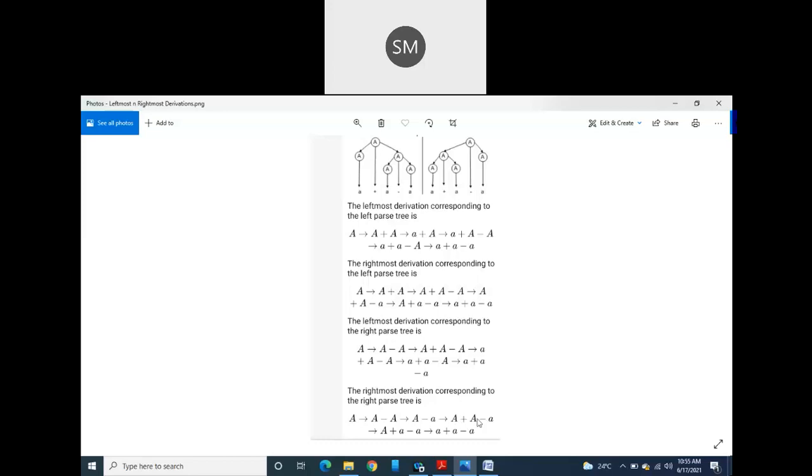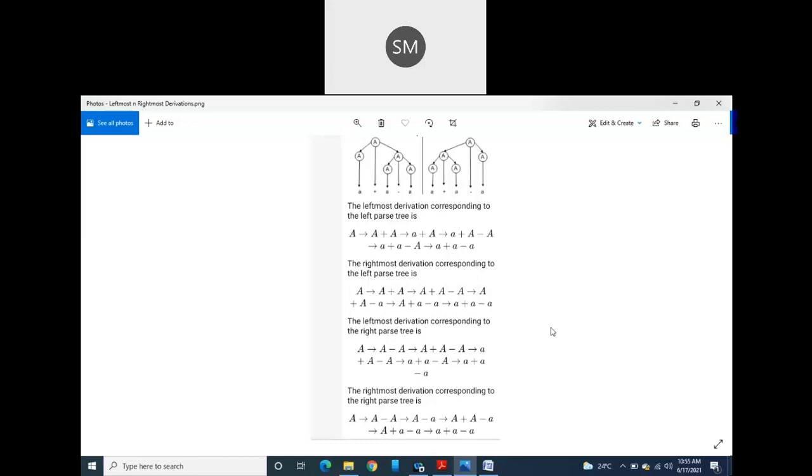Then among these two A's, again the rightmost A is which one? This one. So you replace it by small a, then it becomes capital A plus small a minus small a. Then after that only one non-terminal A is remaining. Then at the last step you replace that also. Then it becomes a plus a minus a.